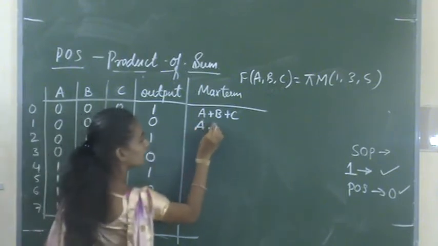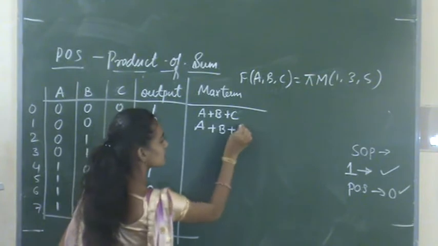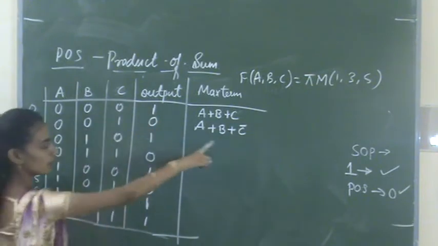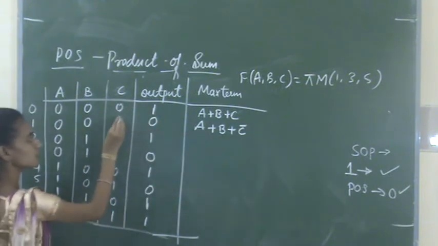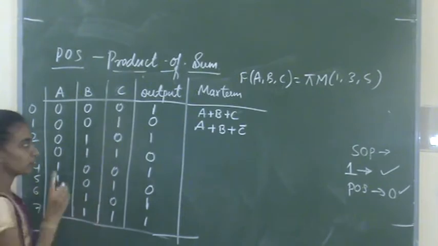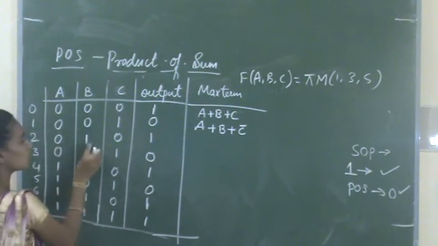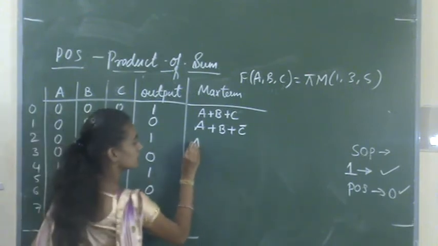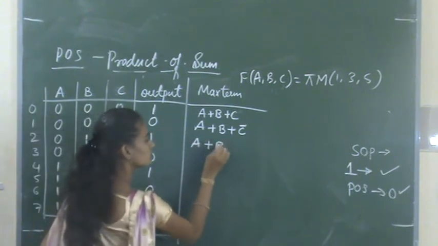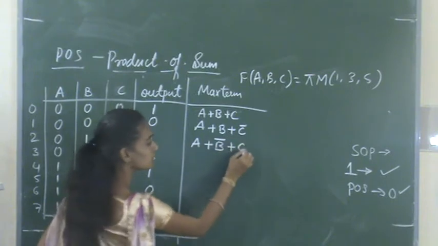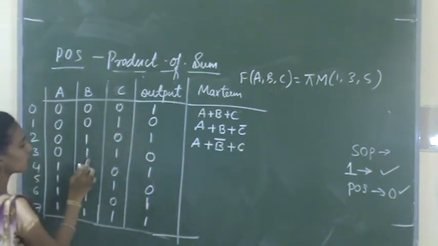So A plus B plus C bar. Why did I write C bar? For C, the value is high, meaning 1. That's why I wrote C bar. Then 0, 1, 0: 0, 1 means we put a bar and then 0. Next 0, 1, 1.